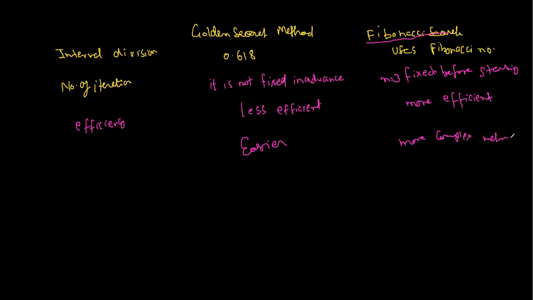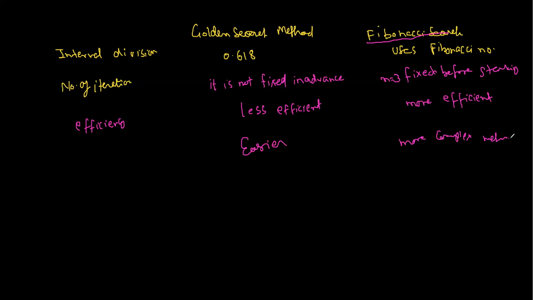So in the golden search method, you use a fixed ratio. No need to know how many iterations you will perform. And it is easier to implement. But in Fibonacci search, you use Fibonacci numbers to decide where to evaluate the function, right?